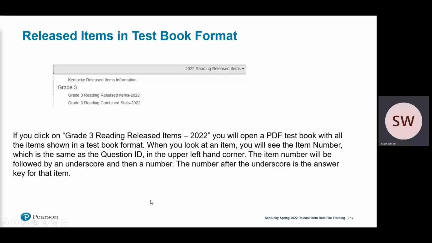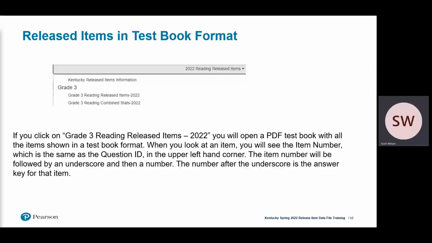So in this example, we're in the grade 3 reading. So if you click on the grade 3 reading released items, which is the first item listed here, you will open a PDF of a test book with all of the items in test book format. When you look at an item, you will see the item number, which is the same as the question ID.